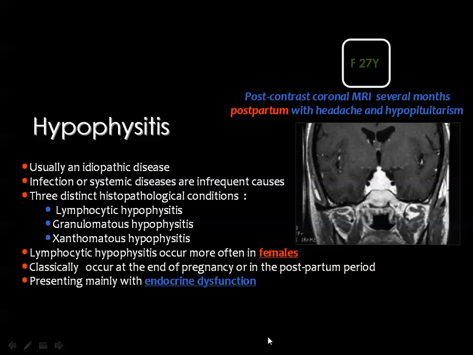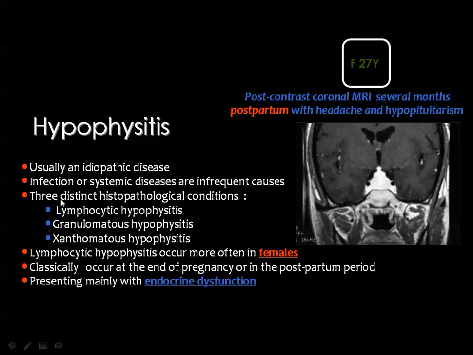Hypophysitis, as I have just mentioned, is a lesion seen in an older age group, and it affects female patients, usually in the postpartum period. Infection or systemic diseases are infrequent causes, but this lesion is usually idiopathic.